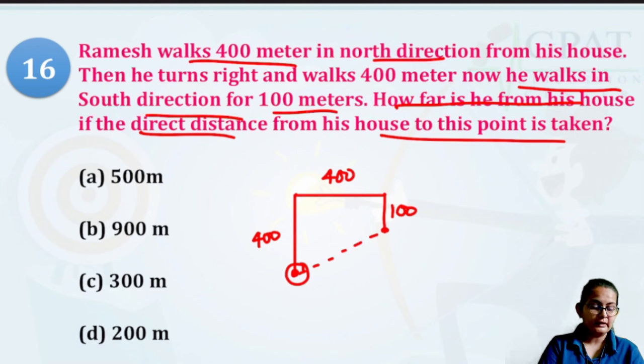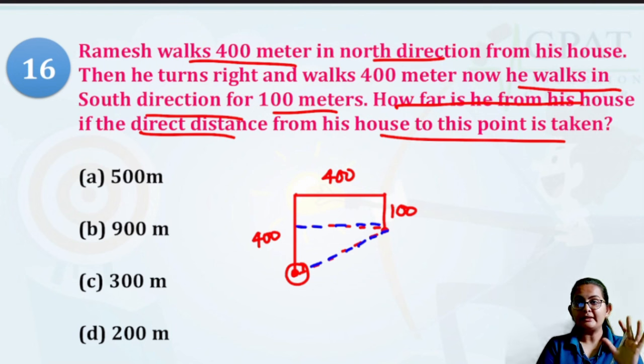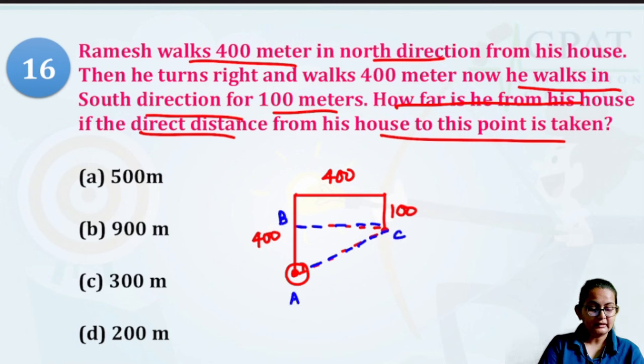So how could you find it? You can imagine this particular triangle. I could take blue color and take this triangle, a right angle triangle. Based on the Pythagoras theorem, you can find it. Now see, if I take A, B, and C, and this is D and E, these are the points.